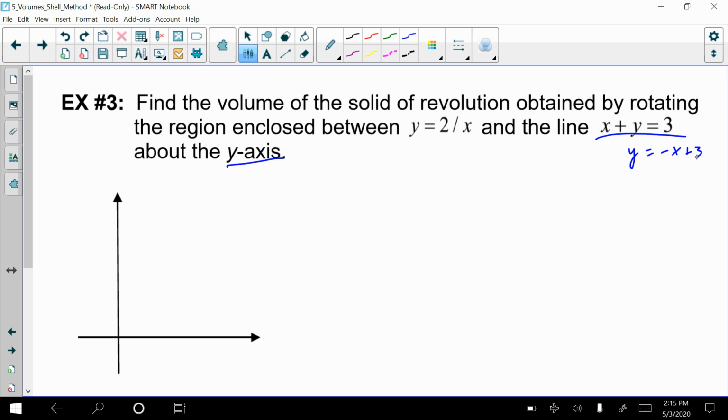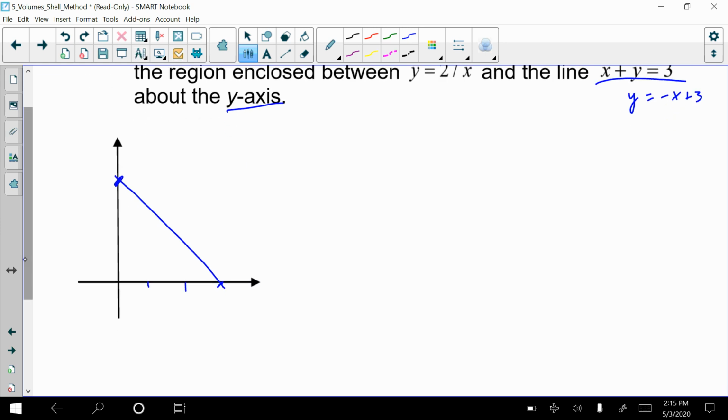So now I can go ahead and graph the functions. Well, the negative x plus 3 is going to be the easiest one to do. So that'll be up here at a positive 3, and then it'll come down here with a slope of negative 1. So about 1, 2, and 3 here, and we'll just say that that's 3 there on the y-axis. And the rational function for this one is going to have a downward curve like this.